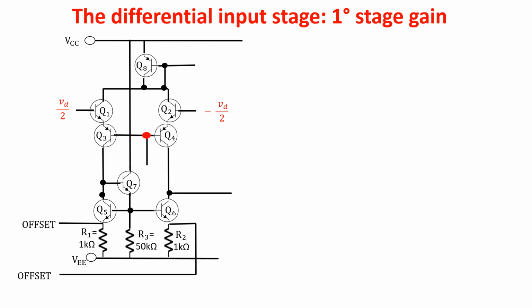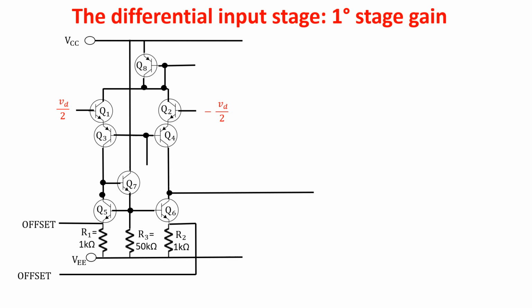So the current in the branches is GmVd divided by 4. But because of the current mirror, this current is copied in the other branch, so the total current in the output is negative Gm divided by 2 times Vd. So the transconductance of the first stage is Gm divided by 2.